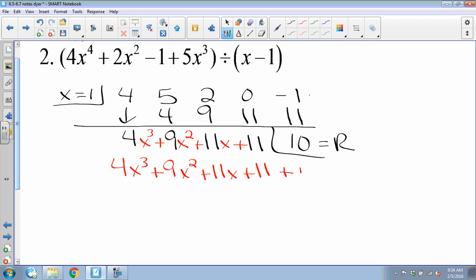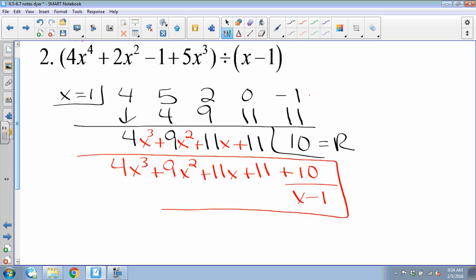So, plus 10 divided by x minus 1. So this is your answer. Now, that is not a factor, so if you had to factor that problem, it can't be done by dividing by x minus 1.